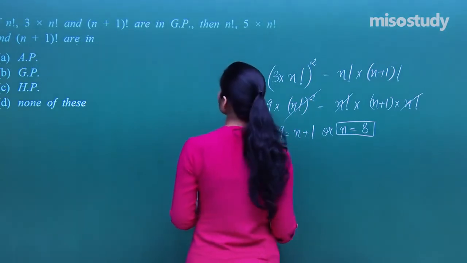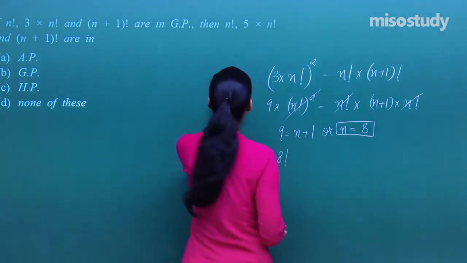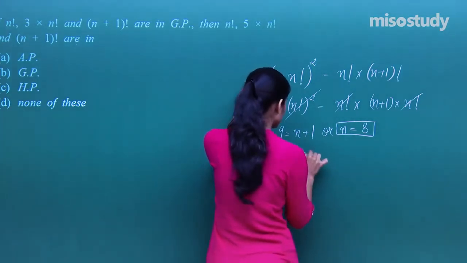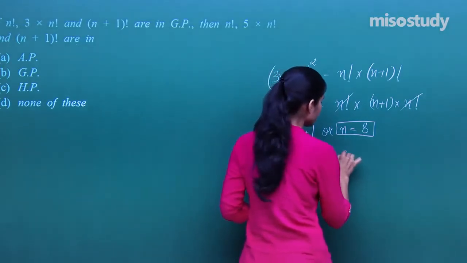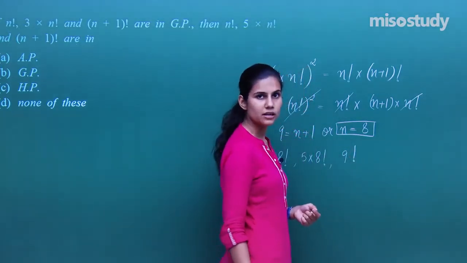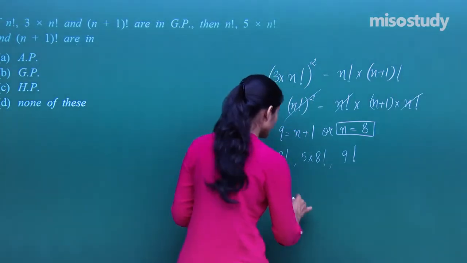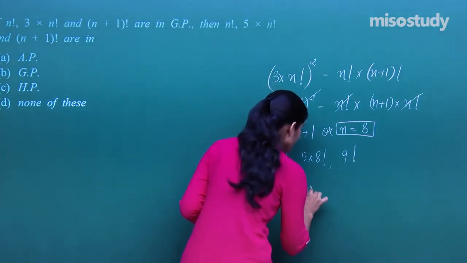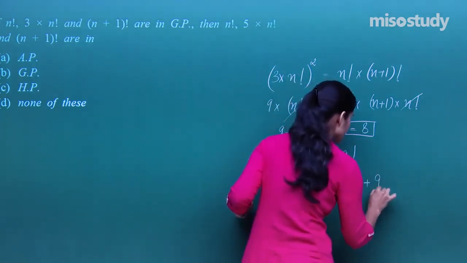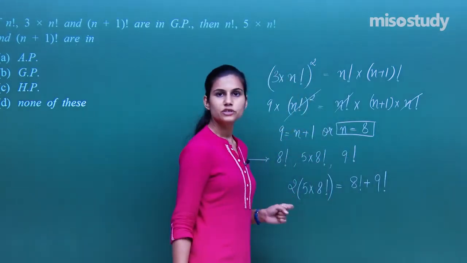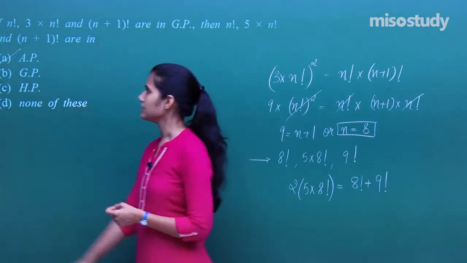Question is, what is the status of n!, which now becomes 8!, 5·n!, which becomes 5·8!, and (n+1)!, which is (8+1)!, that is 9!. Just by looking at these terms, it's very easy to analyze that twice of 5·8! is equal to 8! + 9!, which eventually means that these given terms are actually in arithmetic progression.